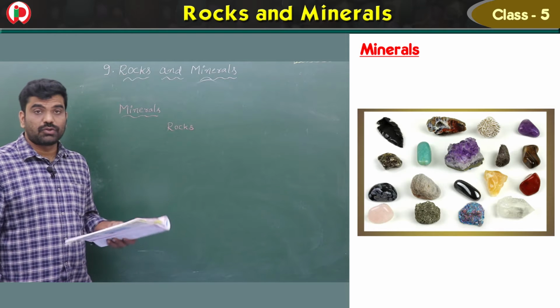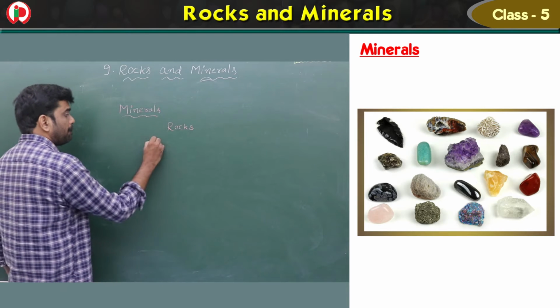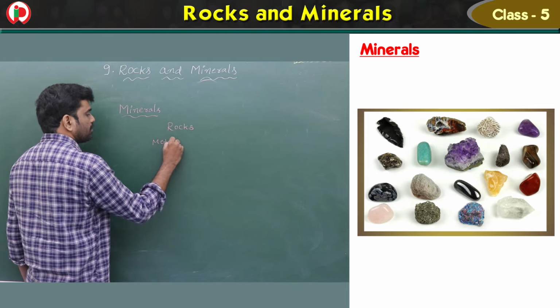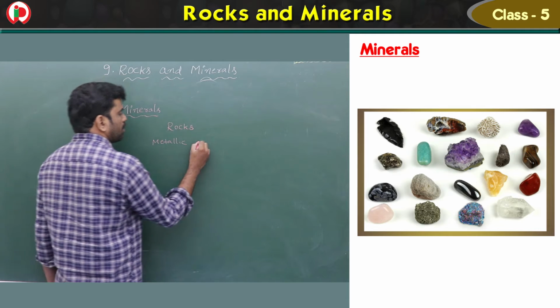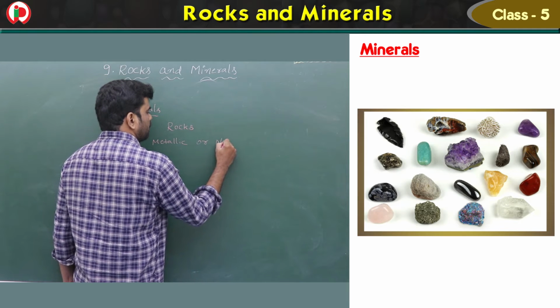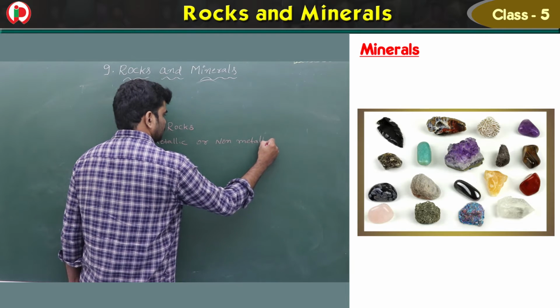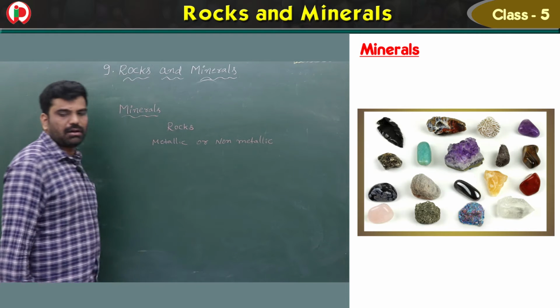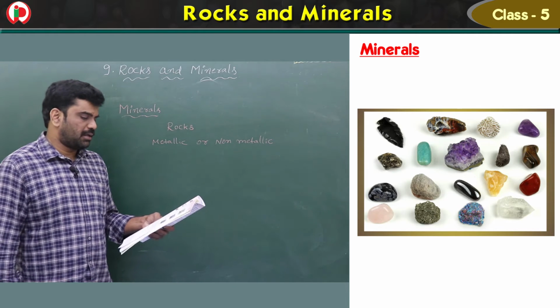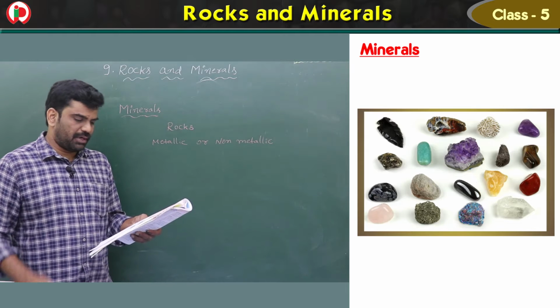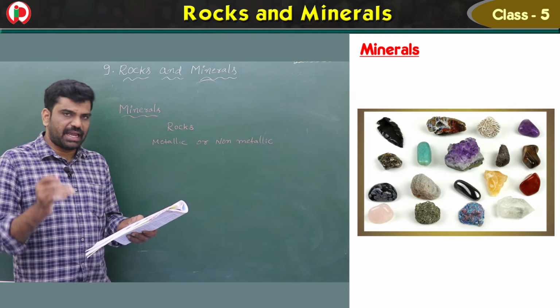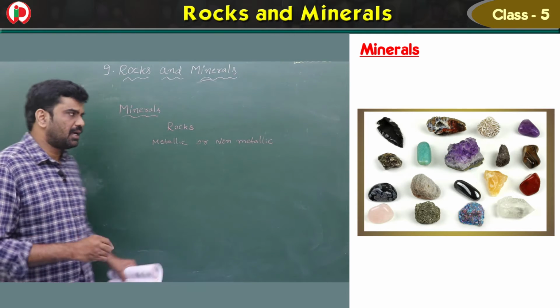Minerals can be of two types, children: either metallic or non-metallic. Minerals have different shapes, sizes and colors.